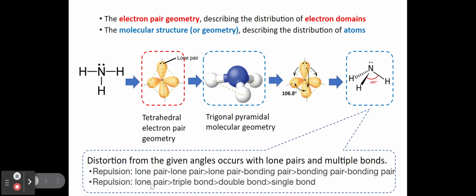Now, we also have repulsions between pairs of electrons and triple, double, and single bonds. There's the least repulsion in single bonds. We have more repulsion with double bonds, more with triple bonds, and lone pairs of electrons have the greatest repulsion.